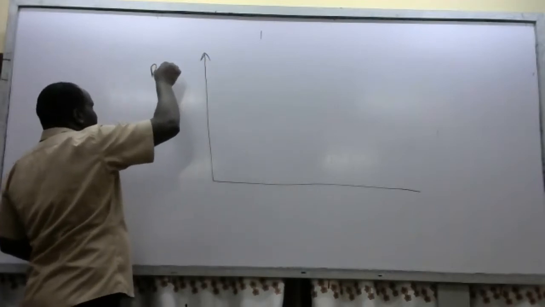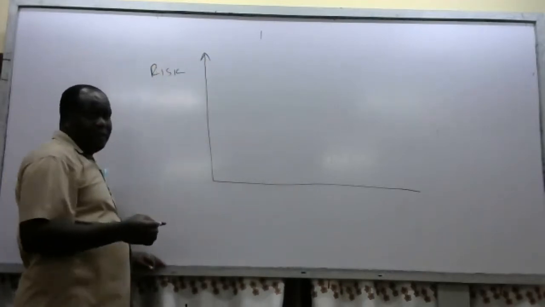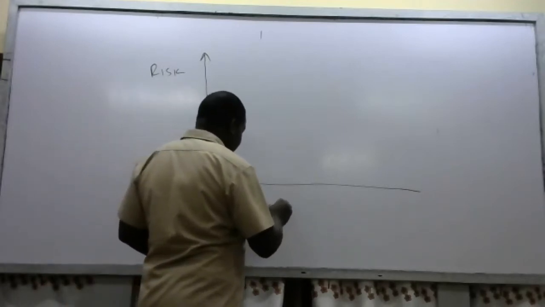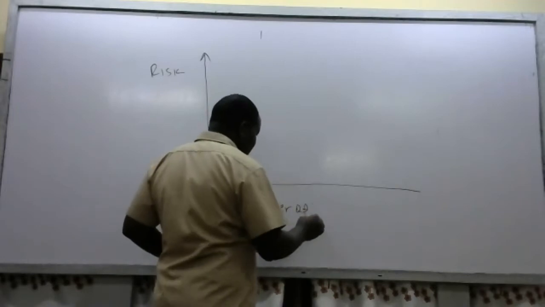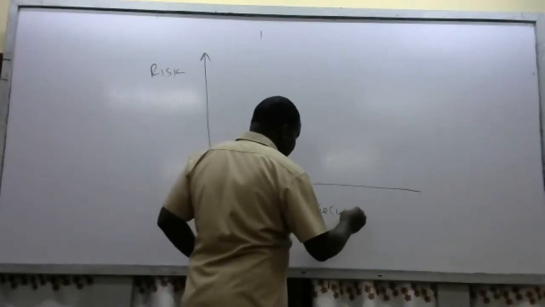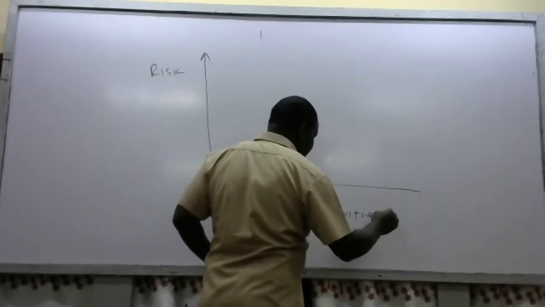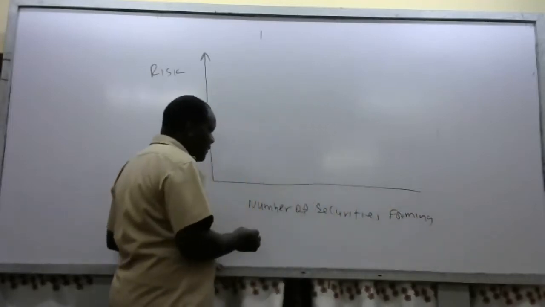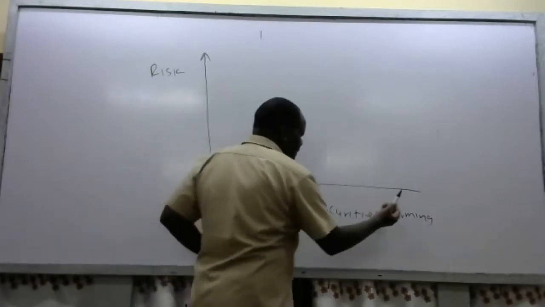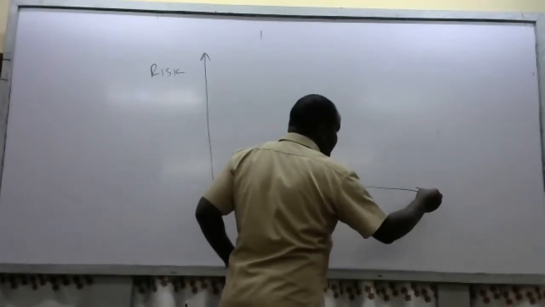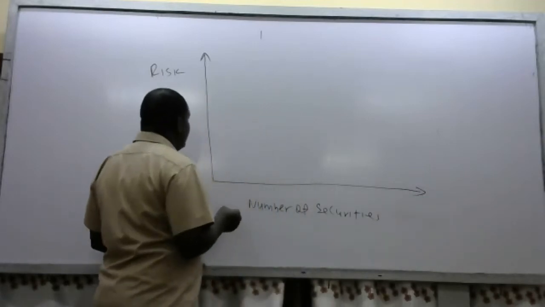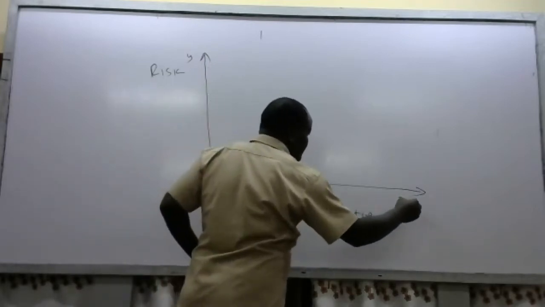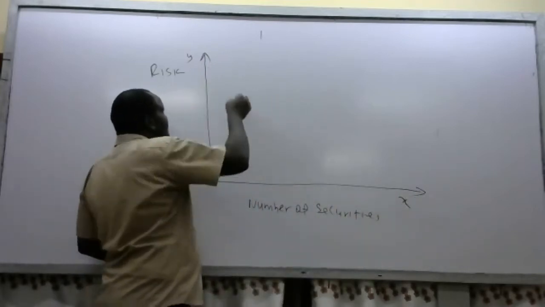So this side we have risk. This side we have number of the securities forming the portfolio. I just have it as number of the securities. So this part is the y-axis, this is the x-axis.